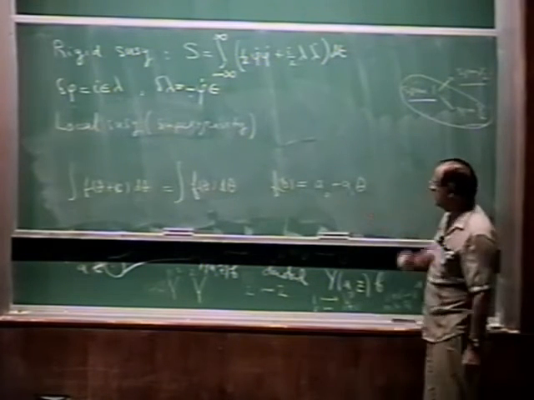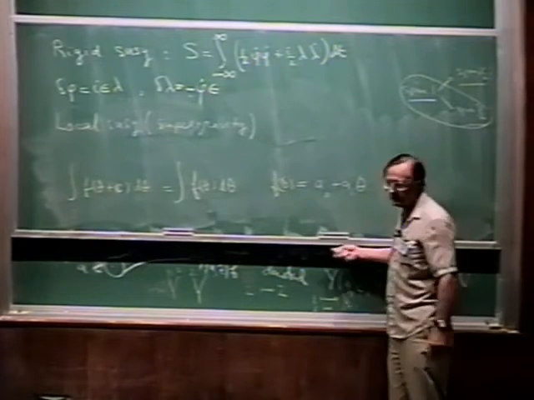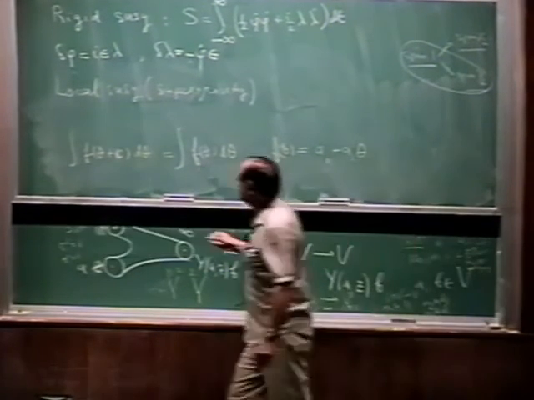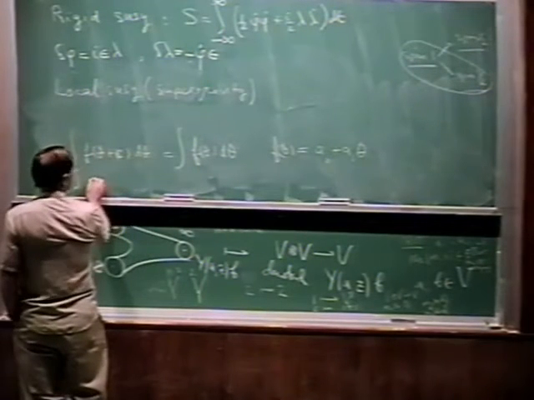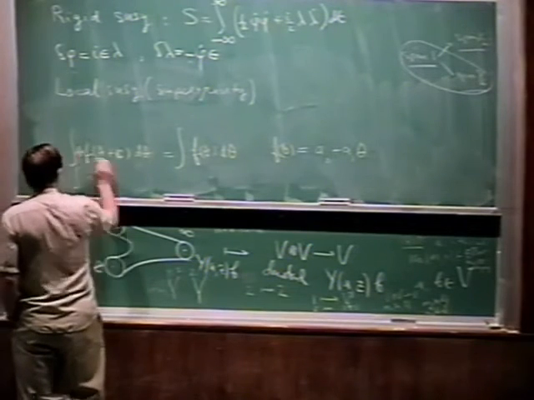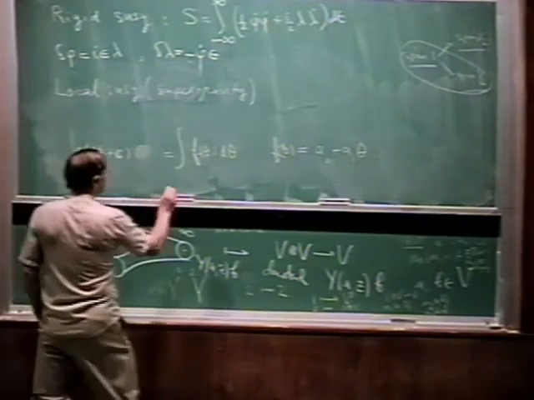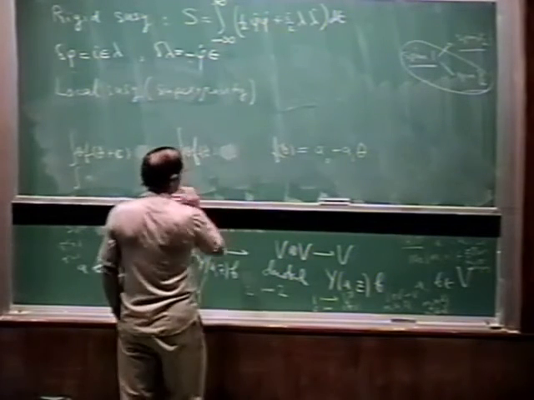Now let me substitute this form, the most general form of f of theta, into the integral and see what we learn. Then we get that the integral of f of theta plus c is the integral of A0. Oh, and I will write d theta on the left. I find it always easy to do this.